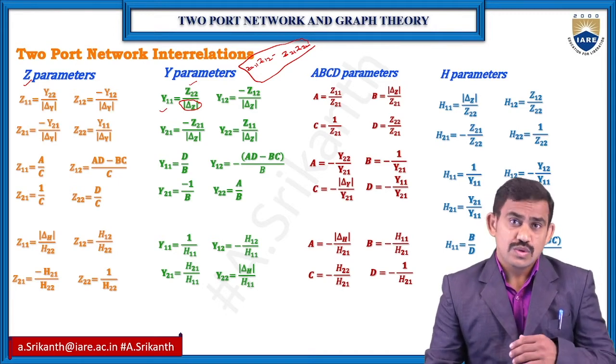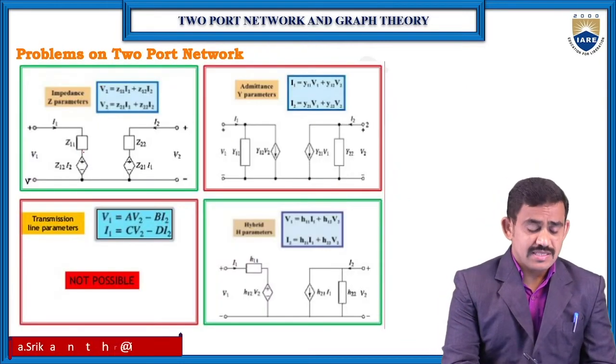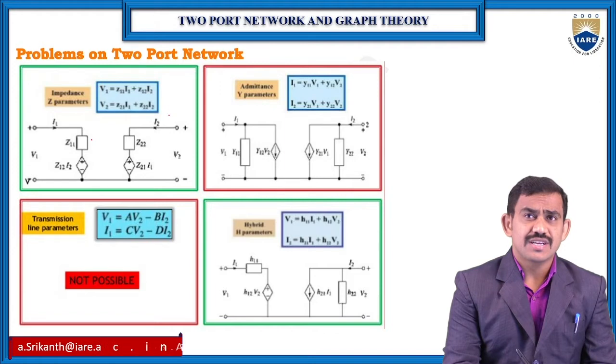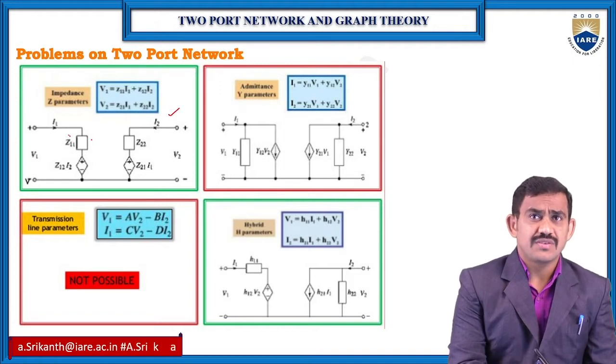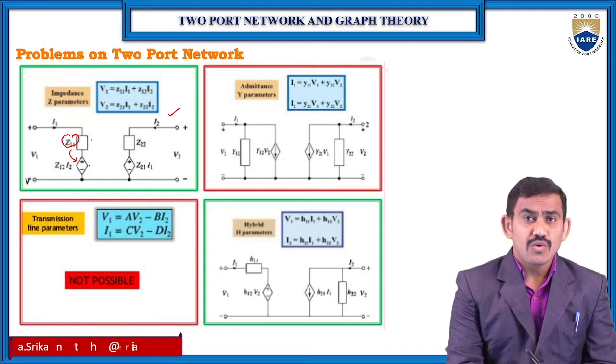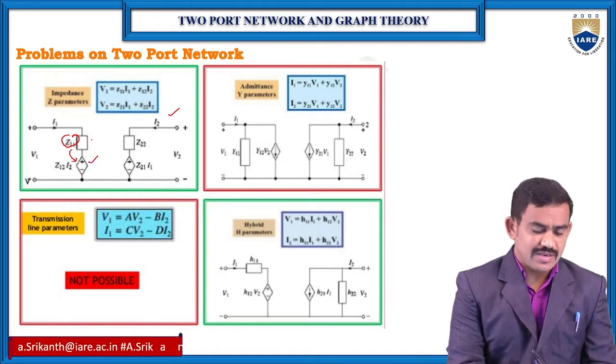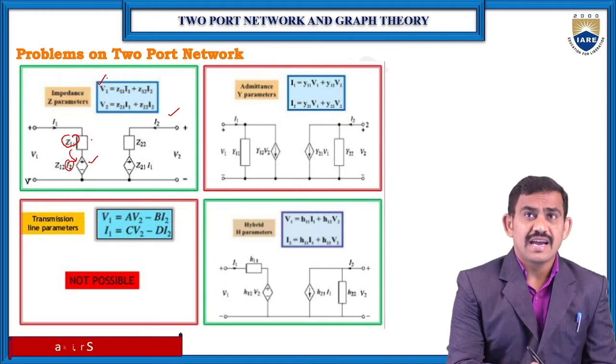And coming to equivalent circuits, for each parameter we have an equivalent circuit. For Z parameters, we have Z11 with one voltage dependent source, a voltage source depending upon your current. So I have V1 and V2 in form of I1 and I2.